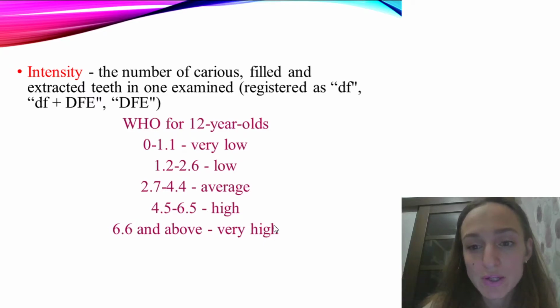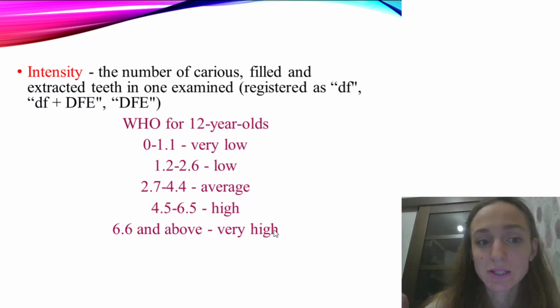So if the patient has, for example, 2 decays and 3 fillings, you should add 2 plus 3 and you will have 5. In your tasks you should write the correct answer.